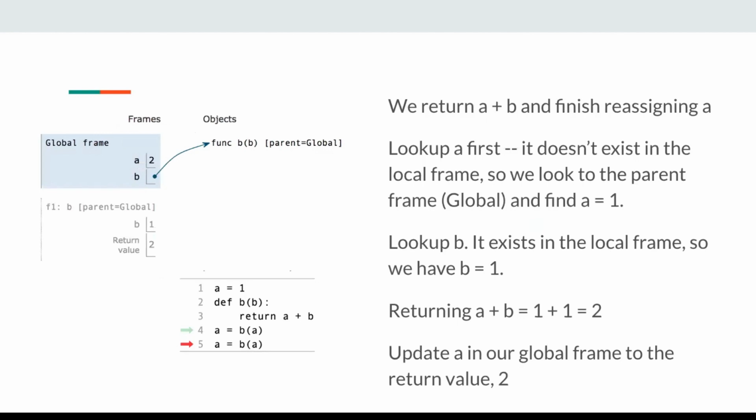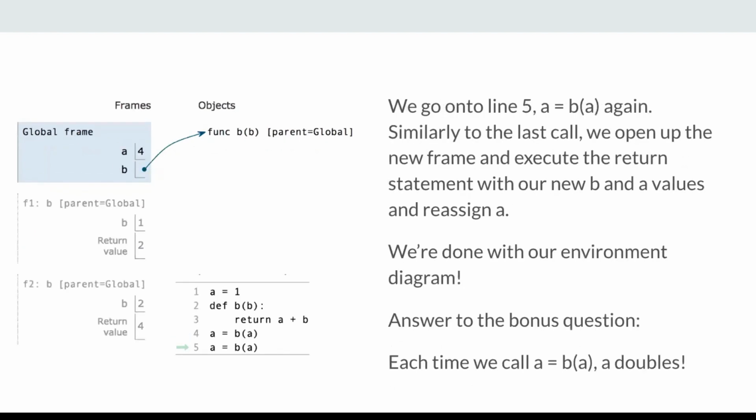Okay. Next, I think we go into the return value, which is return a plus b. At this point in frame 1, do we have any variable a in frame 1 defined? Everyone should be thinking, no, we actually do not have a in frame 1 defined.